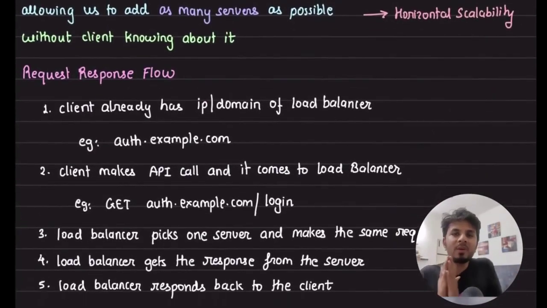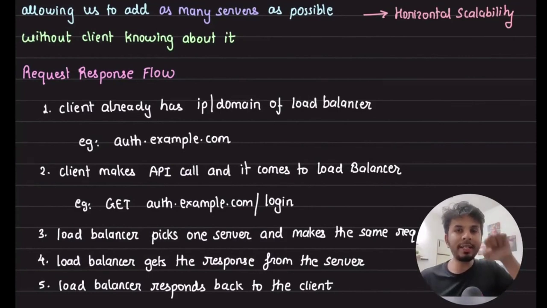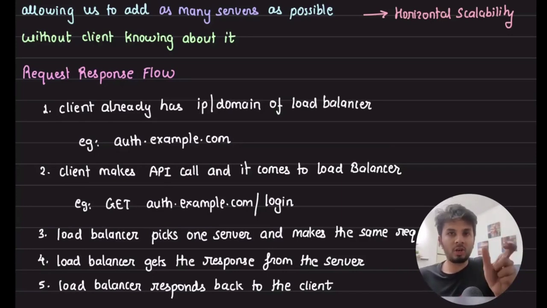Okay. So now when you have a load balancer, what does the request flow look like? Your client would already need to know the IP address or the domain name of your load balancer, right? Once they have it, the client makes a request to this IP address or domain name, and the request comes to the load balancer.